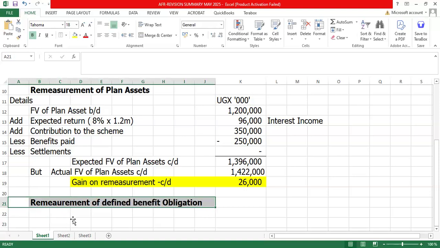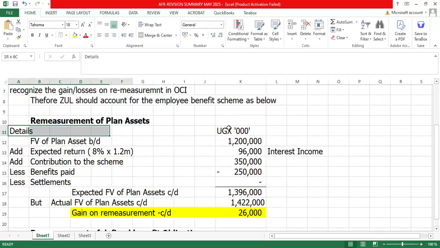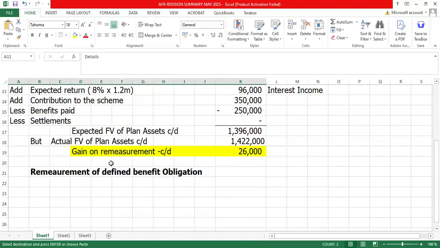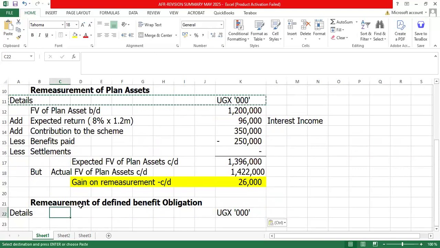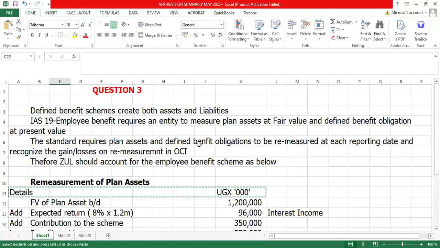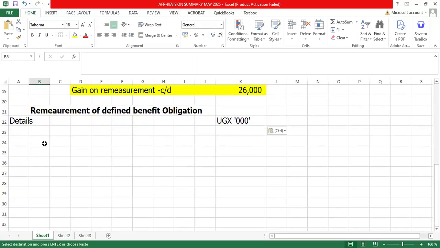Same steps. But remember, we said that at the start, our defined benefit obligations are measured at present value. So you're not going to use fair value.